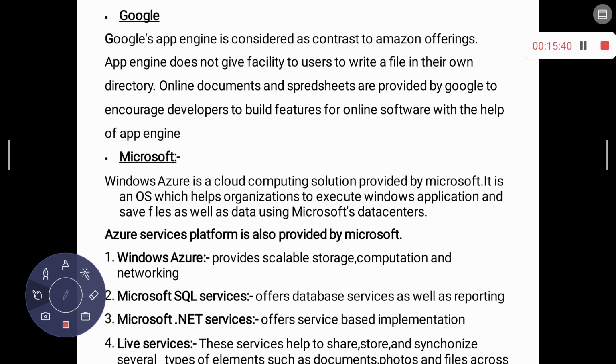So front end and back end services we can say are provided by Microsoft and Windows Azure. Then SQL services, .NET services and live services. These services help to share, store and synchronize several types of elements such as documents, photos and files across.